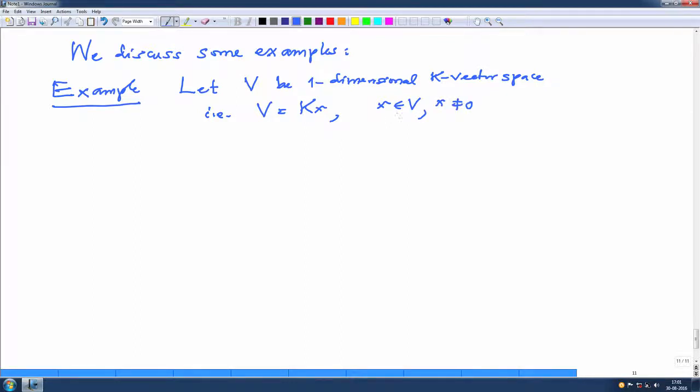Once it is a non-zero vector, it has to generate a non-zero subspace, and we know subspaces will have smaller dimension. So, the dimension of a subspace can either be 0 or 1. In this case dimension 0 means the 0 subspace, and V; they are the only subspaces.